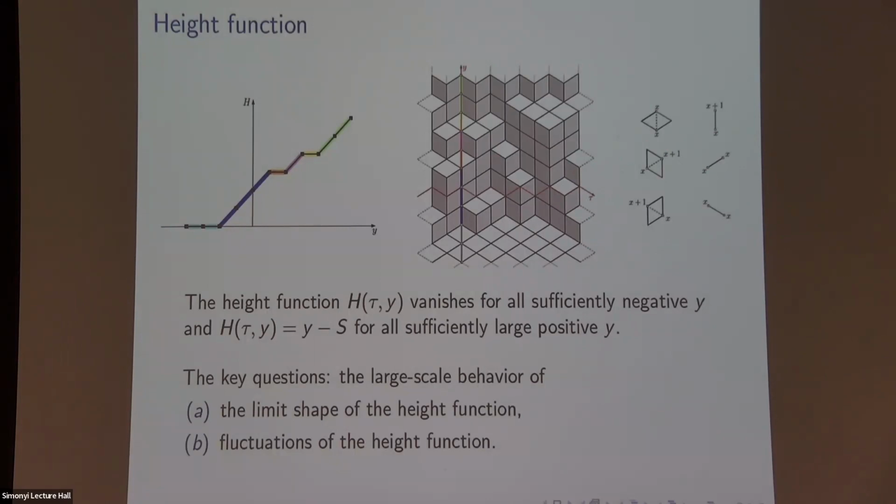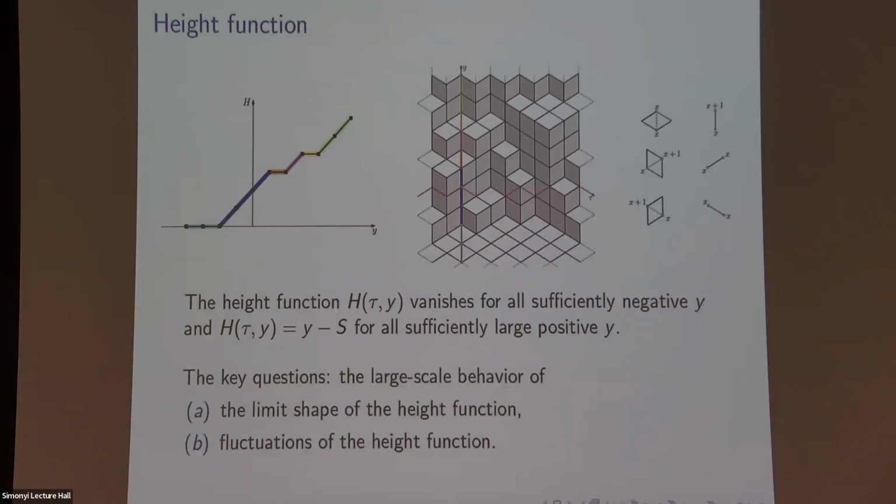And the height function is defined uniquely up to a constant by these local rules. In particular, we can reconstruct the Lozenge tiling configuration from the height function. And therefore, the key questions in the Lozenge tiling configurations are related to the large scale behavior of the height function itself and of its fluctuations.